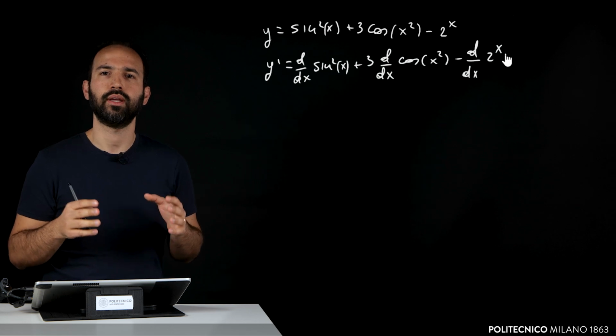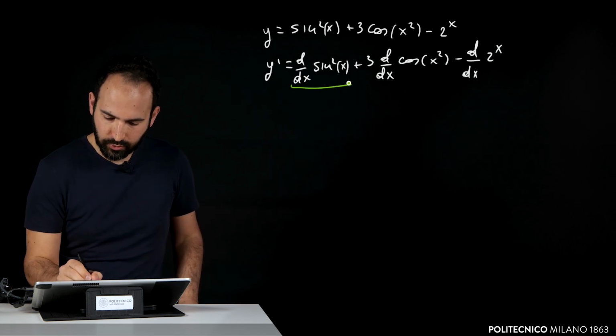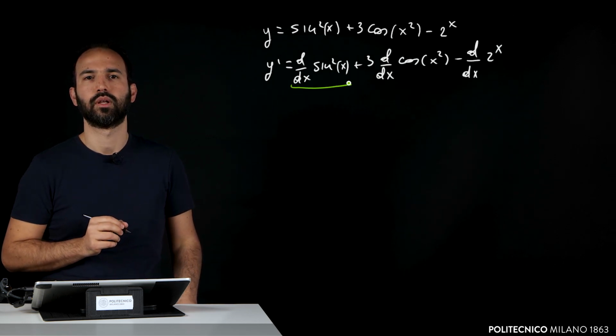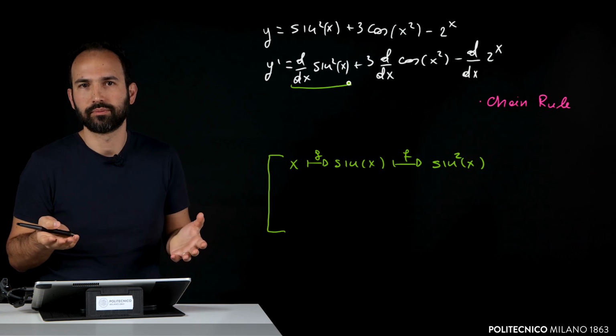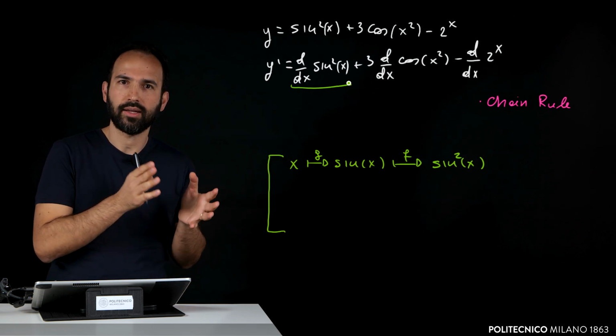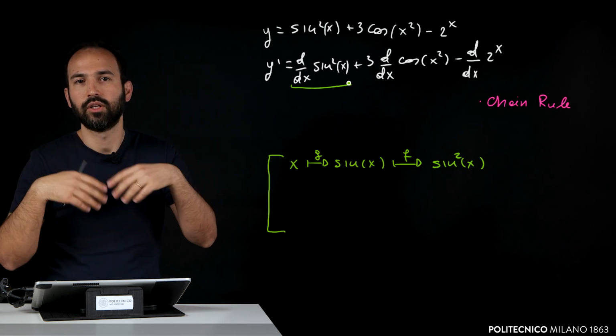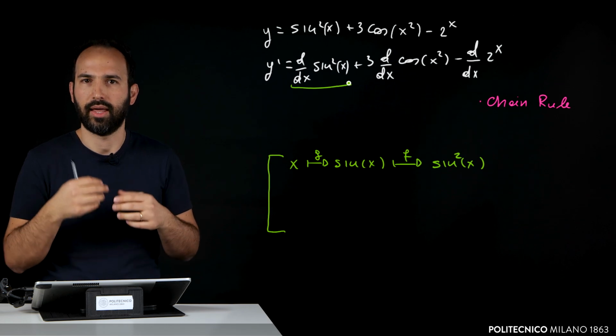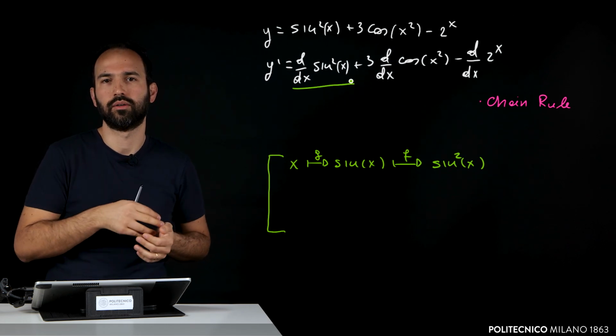We therefore need the derivative of sine square of x, which is a composition. Firstly, x is sent to sine of x, and then we take the square of the result.